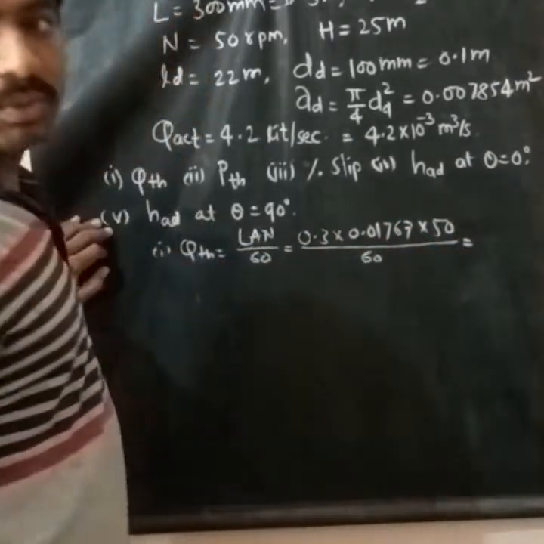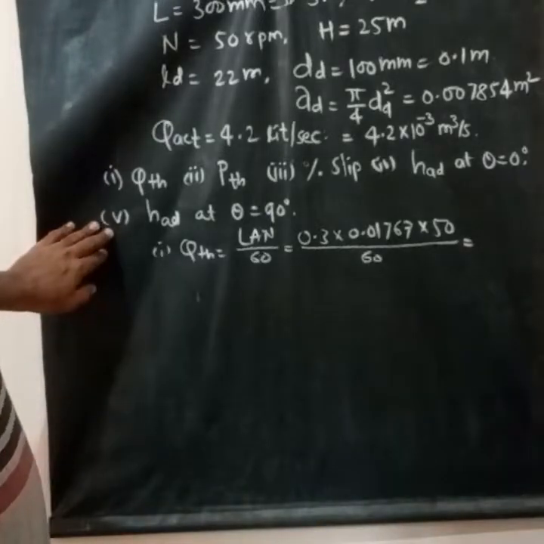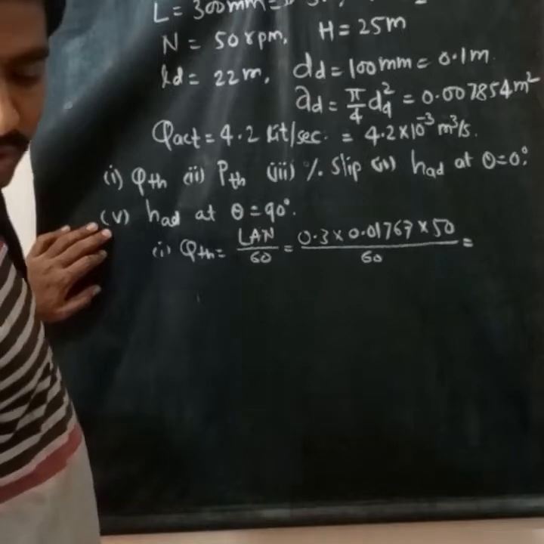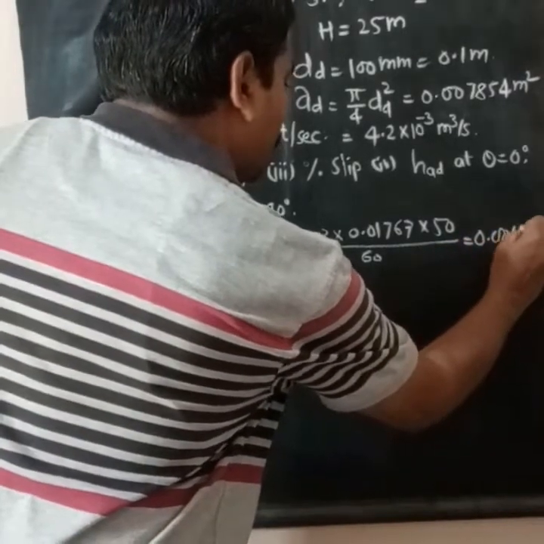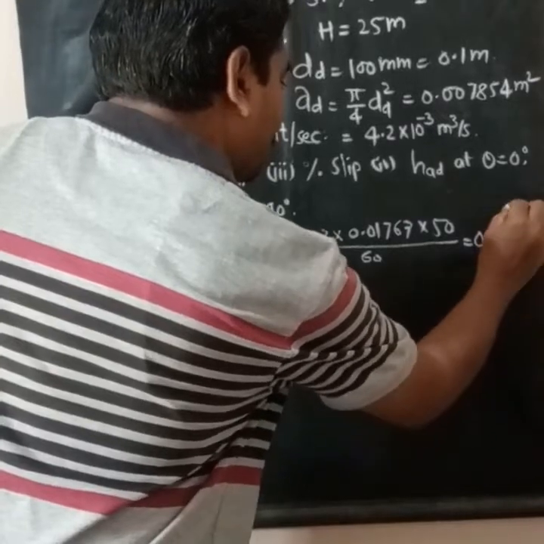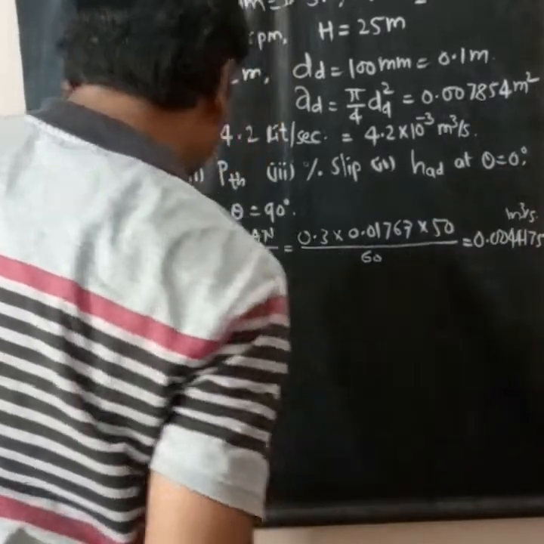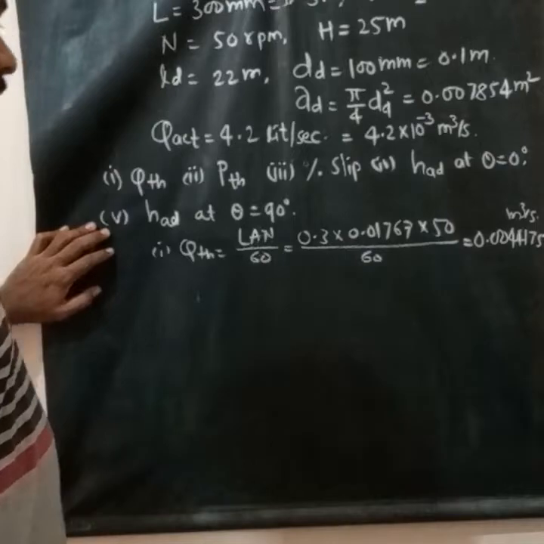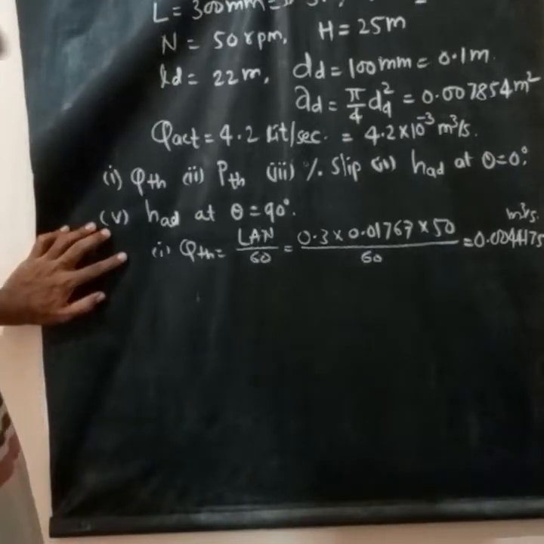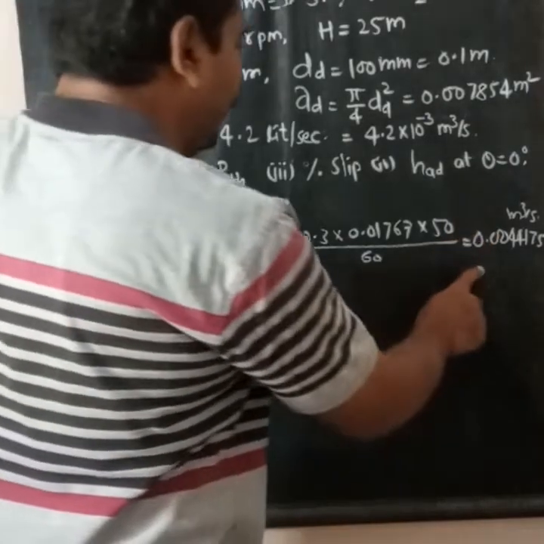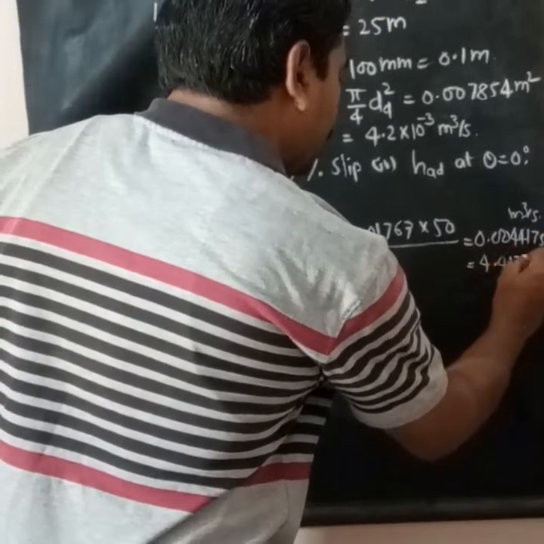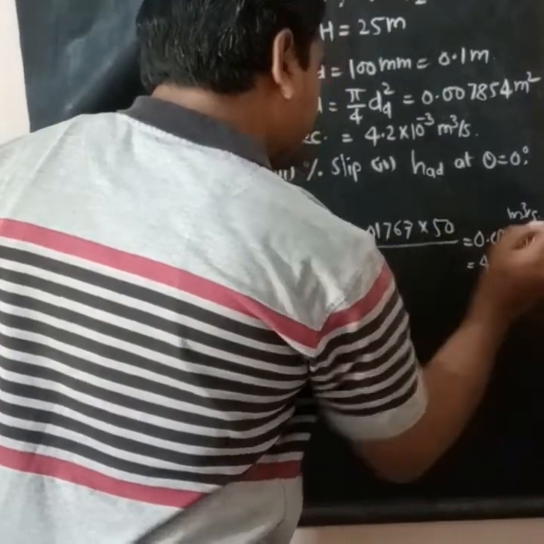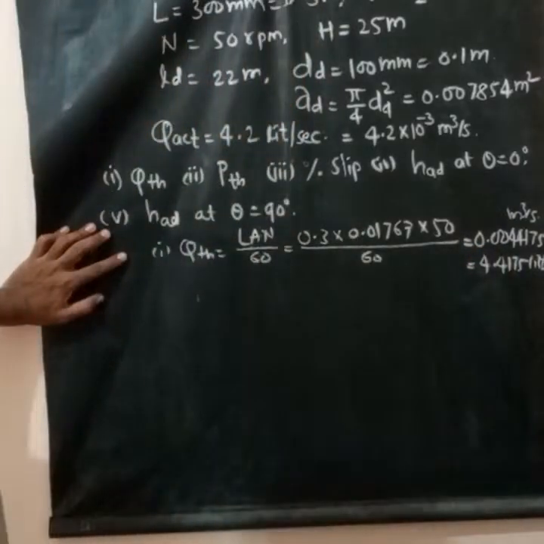You will get the Q theoretical, and the value obtained is 0.0044175 meter cube per second. This is representing the QTH. If I have to find it in liter per second, then this will be 4.4175 liter per second. This is Q theoretical.